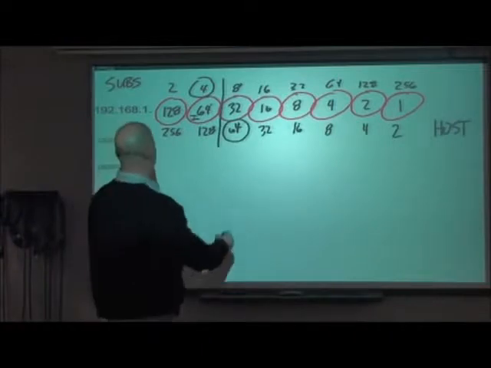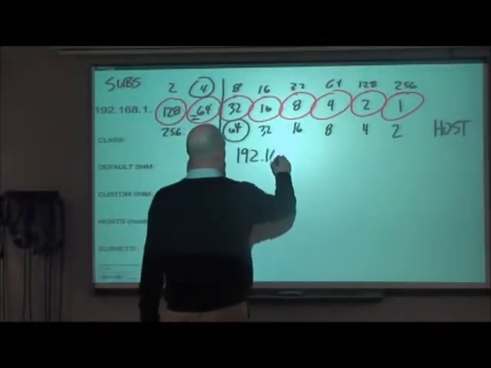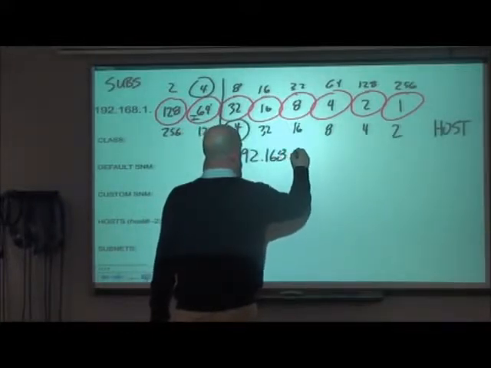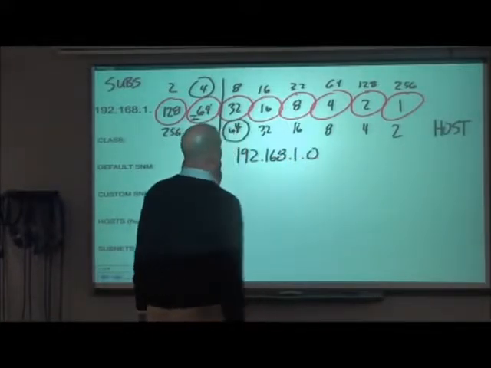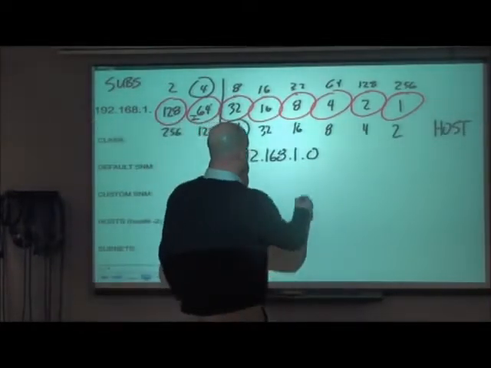And this right here is going to be the value we increment by. So now we can write out our address. Now we know we're going to increment by 64, so we can fill in the rest of the table here.